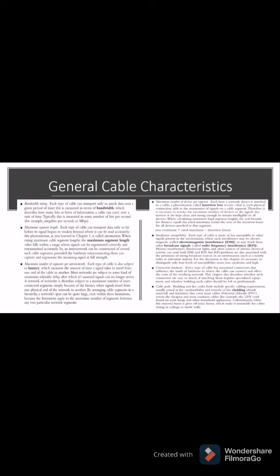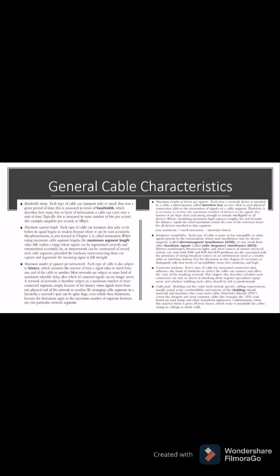And cable grade. Building and fire codes both include specific cable requirements, usually aimed at the combustibility and toxicity of the cladding, cable materials, and insulation that covers most cable.